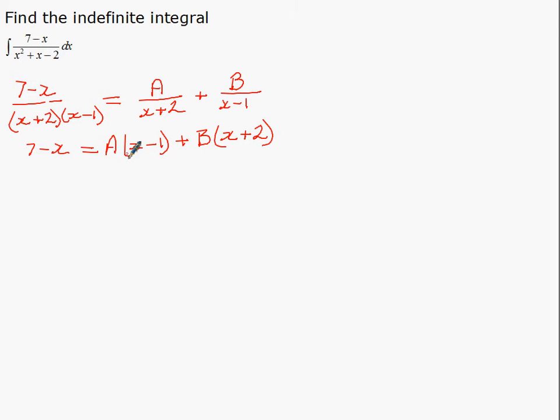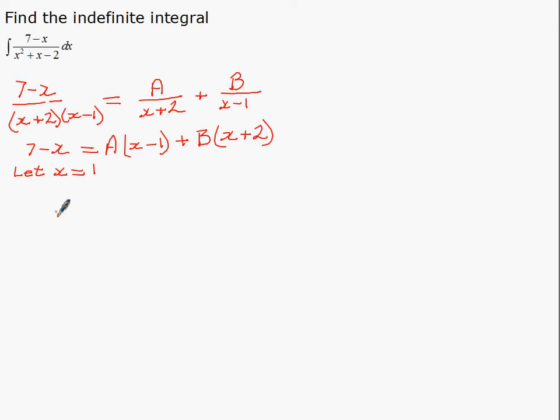Now, to find A and B then, we're going to let x be any number we want. This equation is true for all values of x, so we can pick any x we want. To be smart, we'll pick something that will make something disappear.